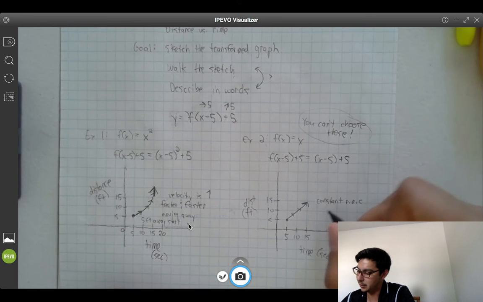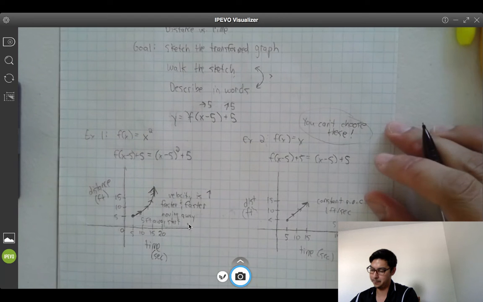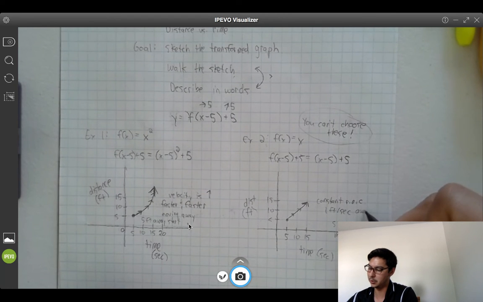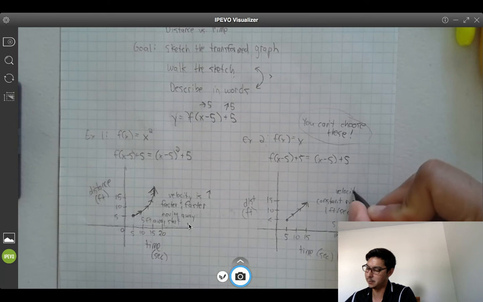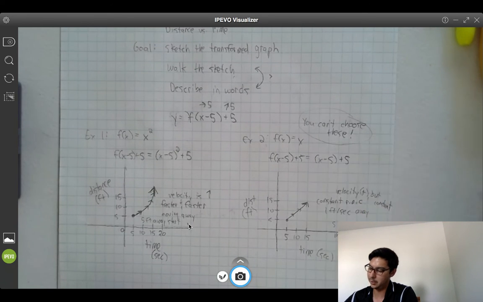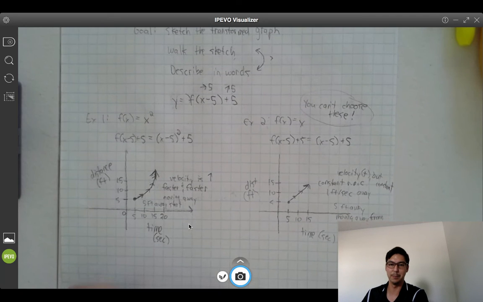I'm going 1 foot per second the entire time away from the start, right? So the velocity is positive, but constant. Positive, but constant. Hopefully you can read that and zoom in. Sorry, it's a little bit messy.